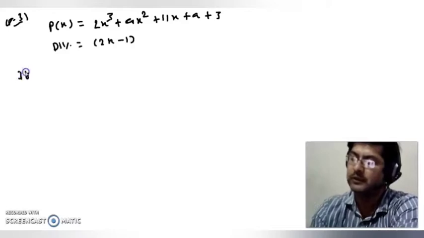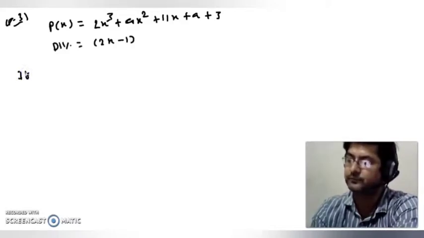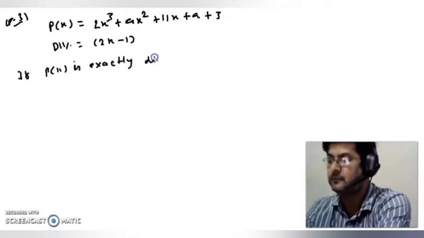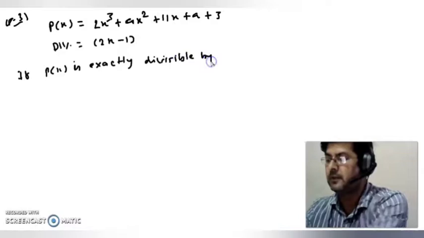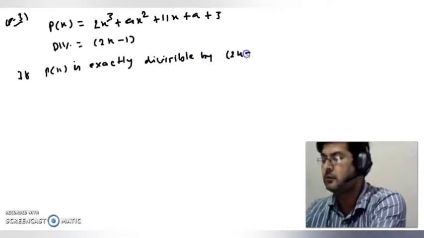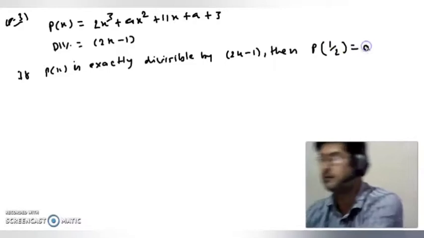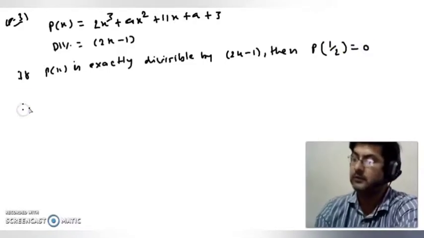So we know that if P of x is exactly divisible by 2x minus 1, then the remainder P of 1 upon 2 must be equal to 0.